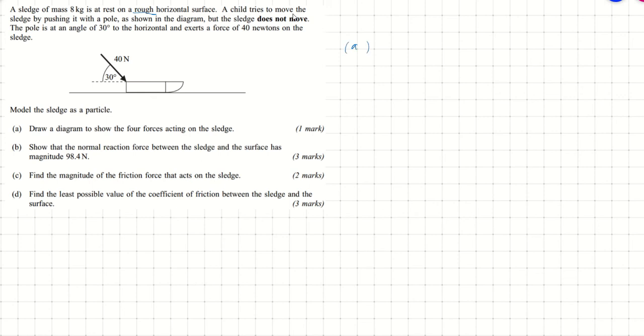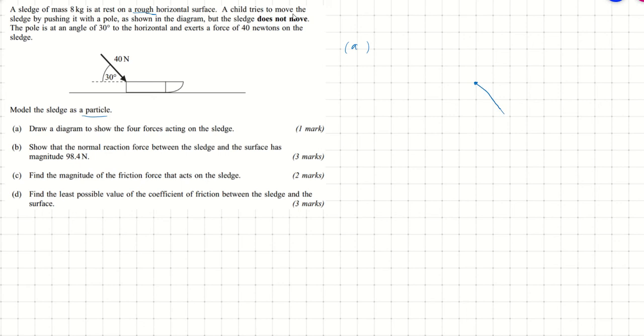Okay, so it says model the sledge as a particle. So we're just going to imagine the sledge is a single point, a particle, and it says it's got four forces acting on it. Well, this is pretty straightforward. One of them you can see already drawn is a child pushing the sledge, and they're pushing it with a force of 40 newtons. So what we're going to do is draw this force going away from the particle in the correct direction.